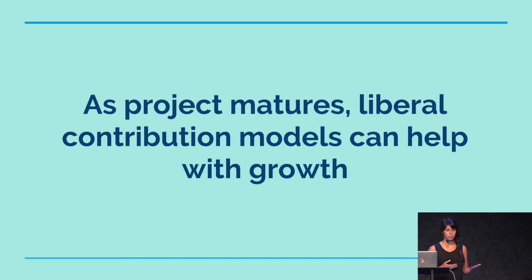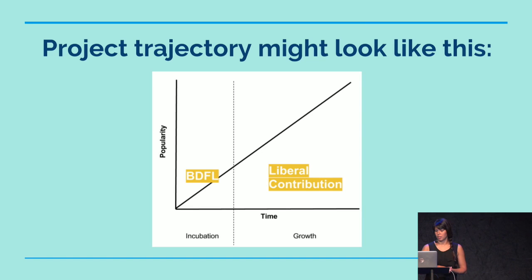But as a project matures and gets bigger, I see a liberal contribution model as helping with the growth side of things. So the idea is at some point, your community gets big enough that you can decentralize your authority. Here's how I envision a project trajectory working all together.